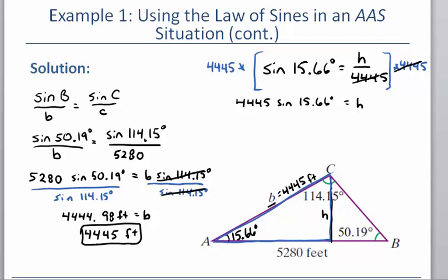So I'm going to type in 4445 times sine of 15.66, and I come up with 1199.83 feet for my height, which again, the book is asking us to round these things to whole numbers. So that's going to be approximately 1,200 feet for her altitude.